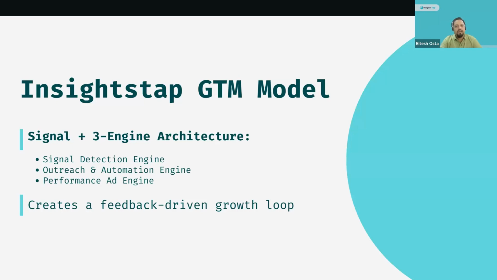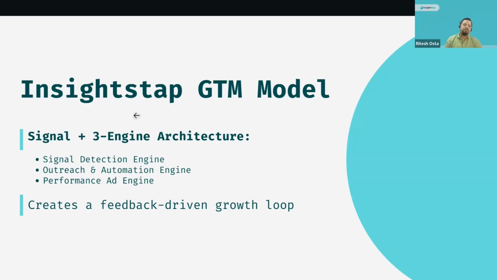So this is what our Insightstap GTM model looks like: a signal plus three-engine architecture. We can build a signal detection engine for you, create an outreach and automation engine for you as well, and connect it with the performance engine. Today we primarily talked about the signal detection engine and performance engine.